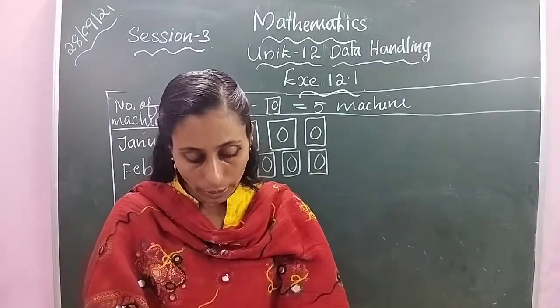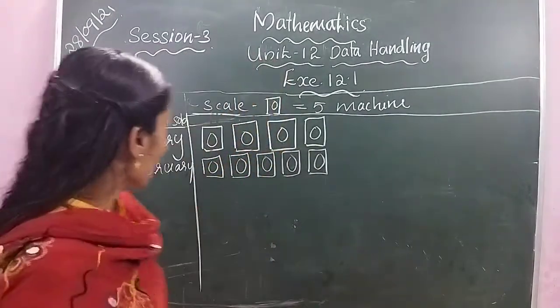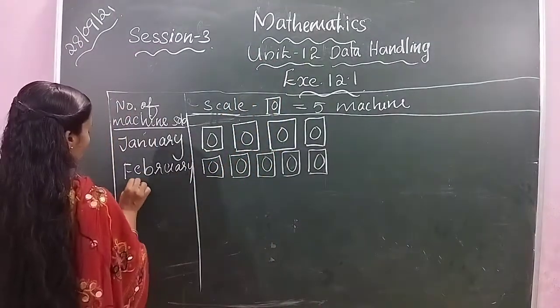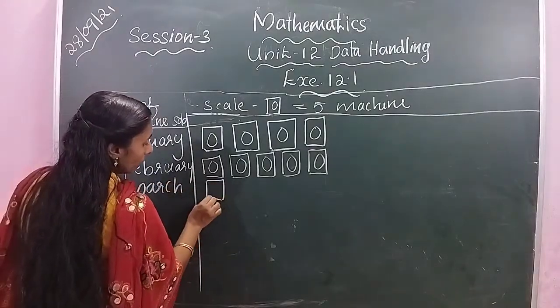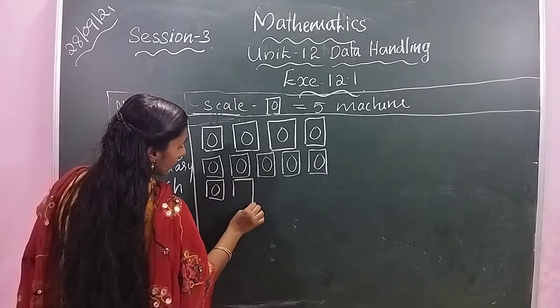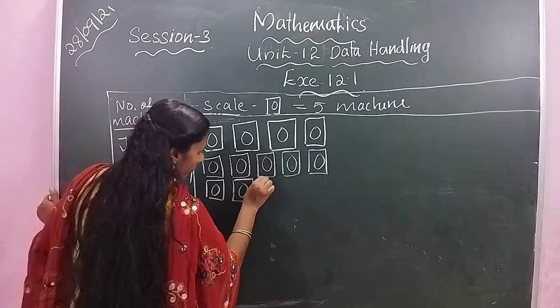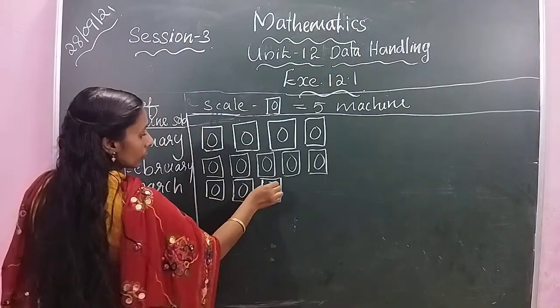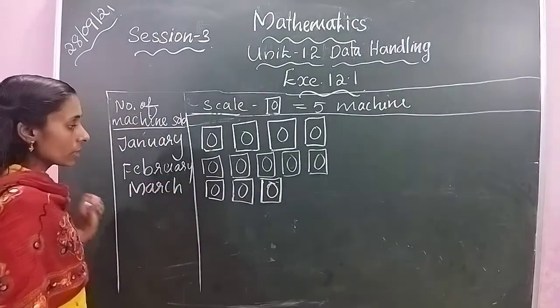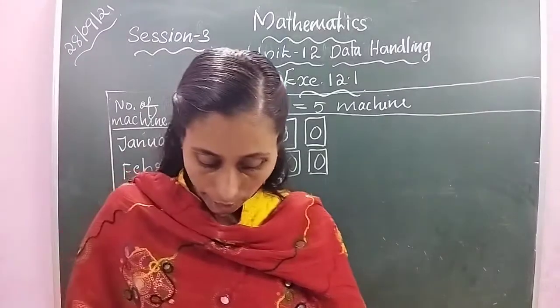Next one, March. How many machines sold in March? 15. So 5, 10, 15. 15 machines sold in March.